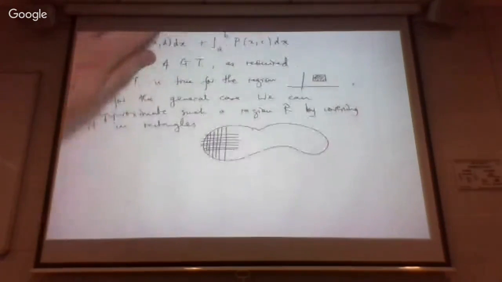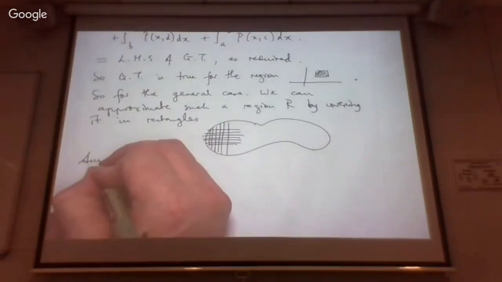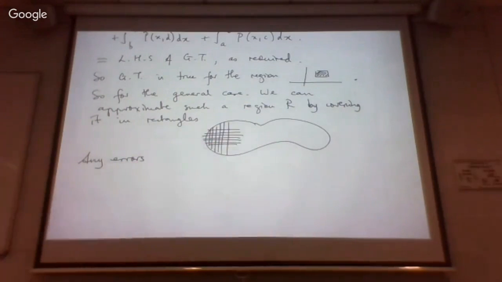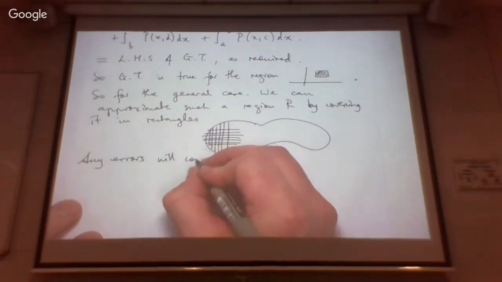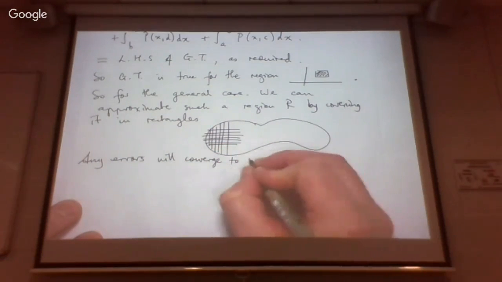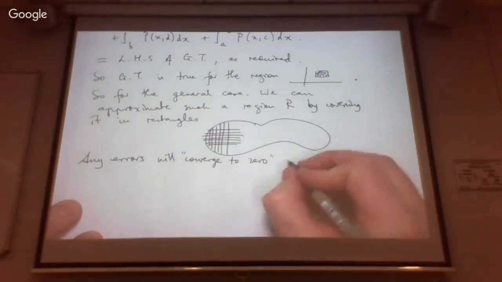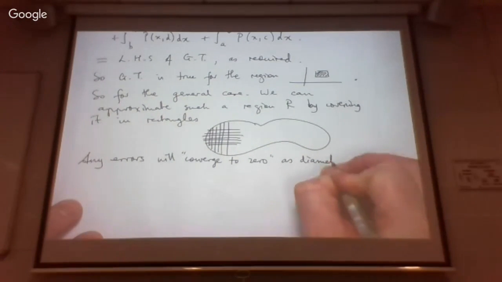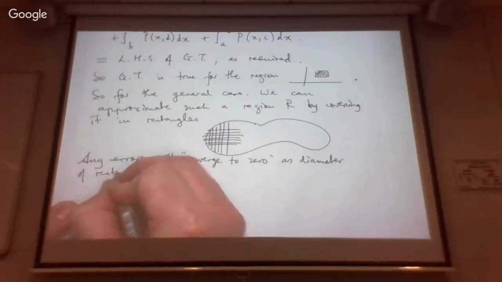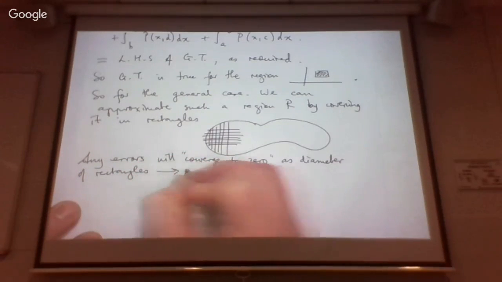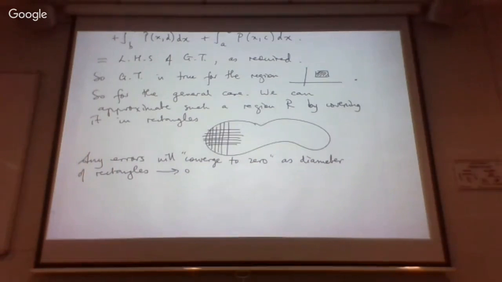Any errors of not including all of the region or including bits that aren't in the region will converge to 0 as the diameter of the rectangles converges to 0 also. If I allow my squares to become tiny and tiny and tiny, the error between the two will become 0.